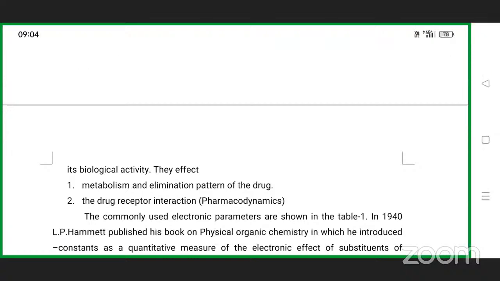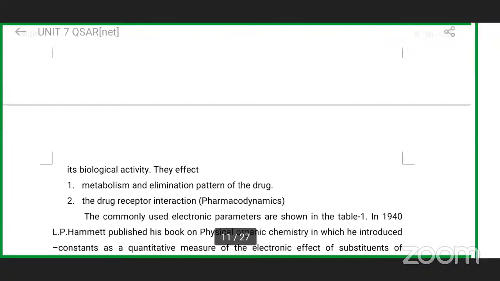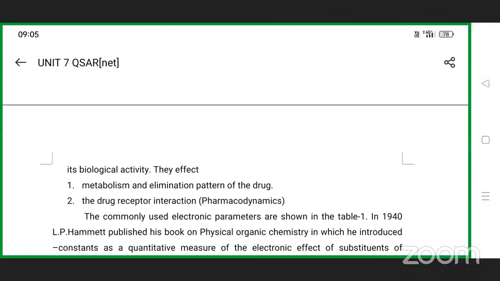All these four properties depend on factors like partition coefficient, solubility, and your electronic factors, right? Substituent constant, all these factors influence the drug journey. We call that pharmacokinetics here.